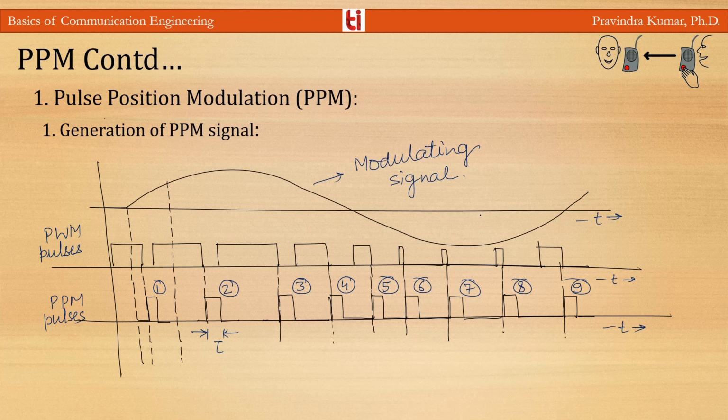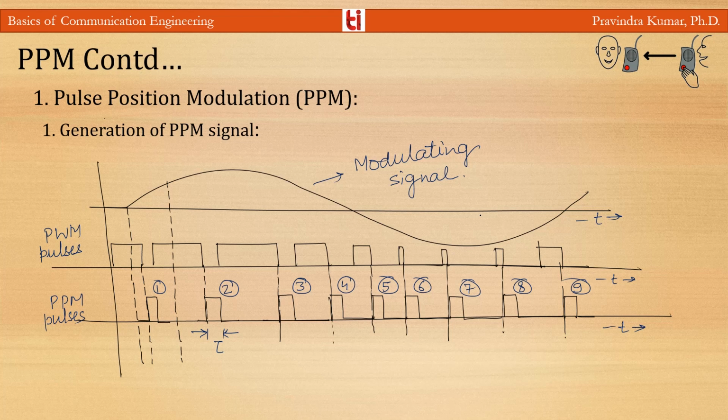PPM pulses shift with increase in the modulating voltage, and here the PPM pulses have the same width and amplitude. The information is conveyed via changing the position of the pulses. The vertical dotted lines are treated as reference lines to measure the shift in the position of the PPM pulses.